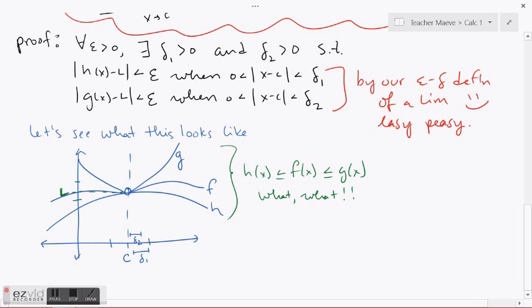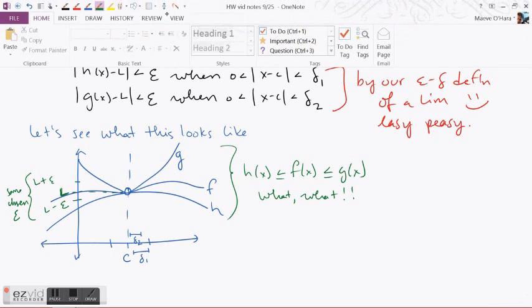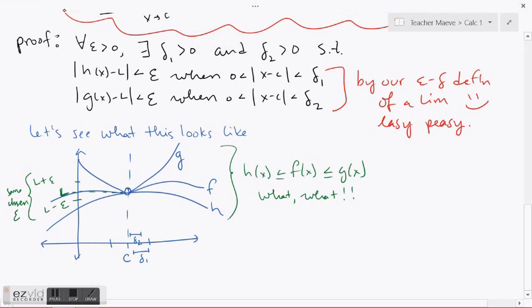And we chose some epsilon neighborhood there around our limit, so that's our limit. So, okay, that's L plus epsilon, and here's L minus epsilon. And epsilon's the same for all these functions. It's some chosen epsilon, whatever it happens to be, however big or however infinitely small.